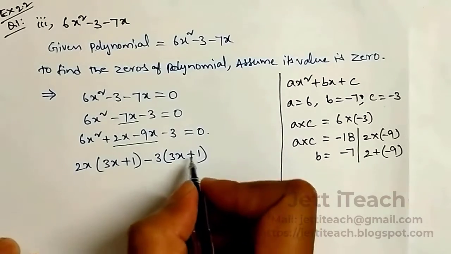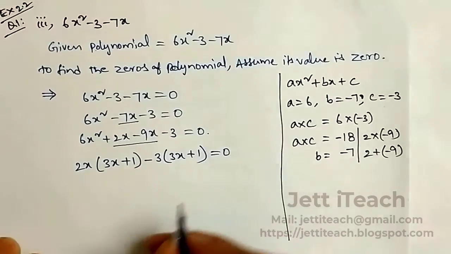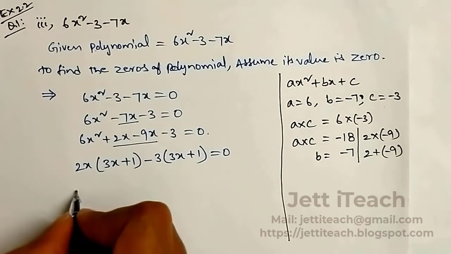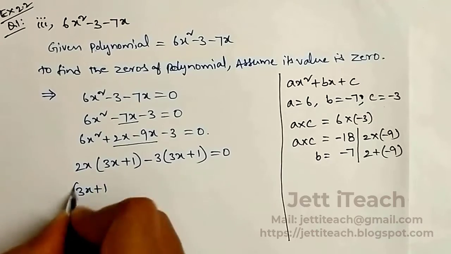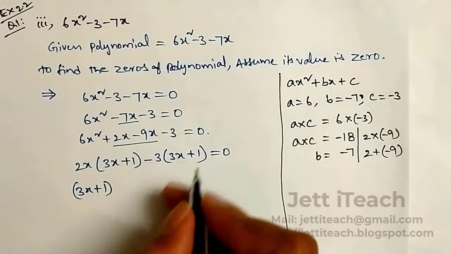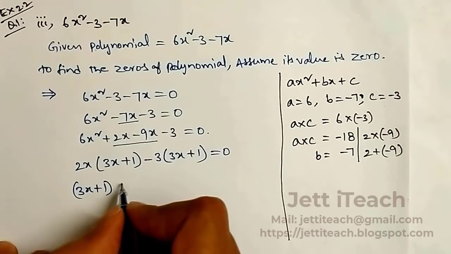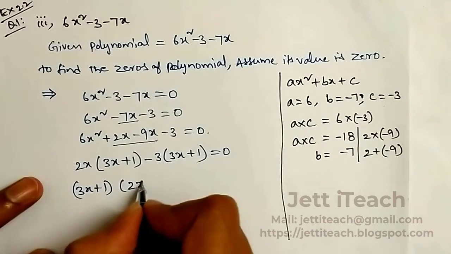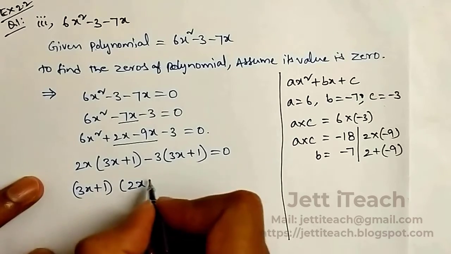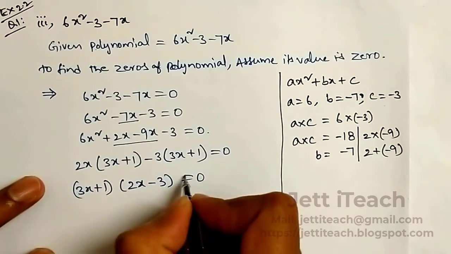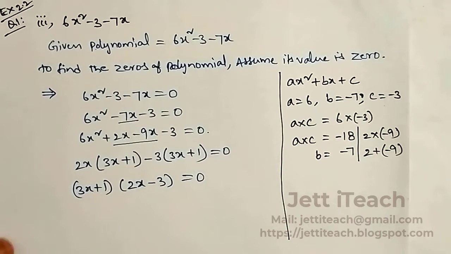Minus 3 into 1 is minus 3. Here 3x plus 1 is common in these two terms. Now 3x plus 1 into the remaining terms: here 2x is remaining, here minus 3 is remaining, equal to 0.